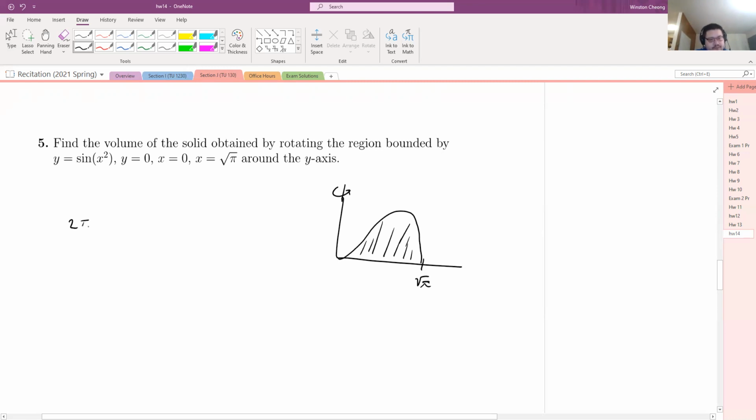Okay. Now, shell method says 2 pi on the outside, and then we would integrate this, and we would have to have a radius function and a height function. Now, first of all, why would we think of this as shell method? Well, the main reason is because if we tried to have our segment be like this, it's rather complicated to figure out how we would even calculate what the length of such a segment would be in general.